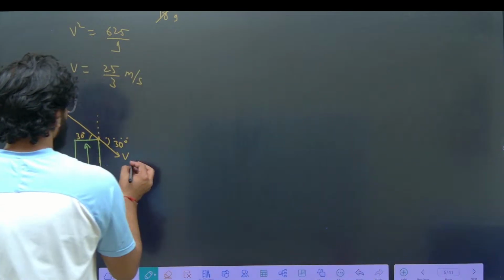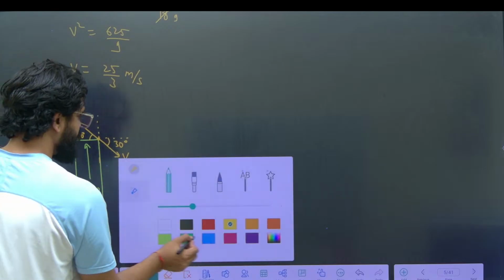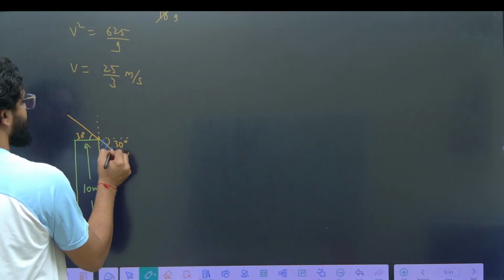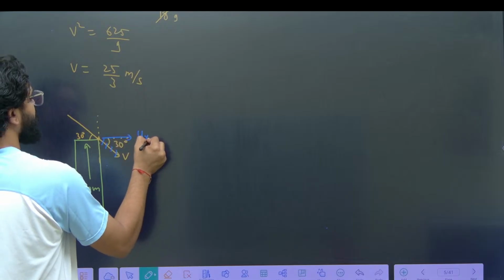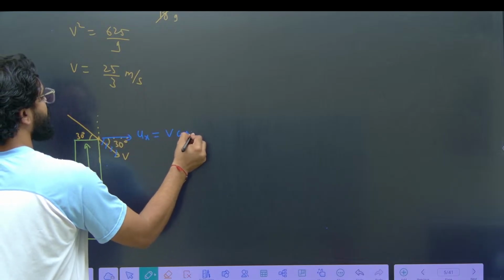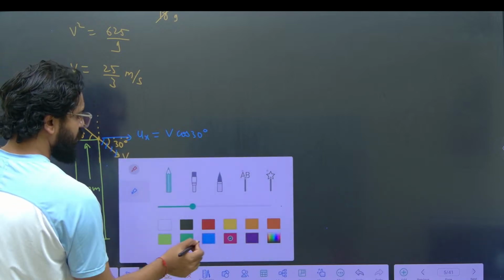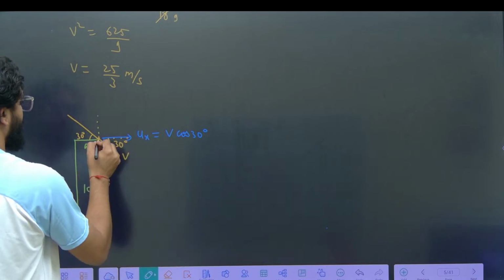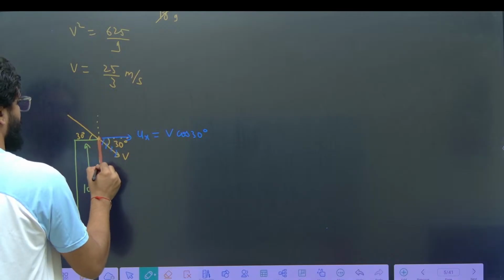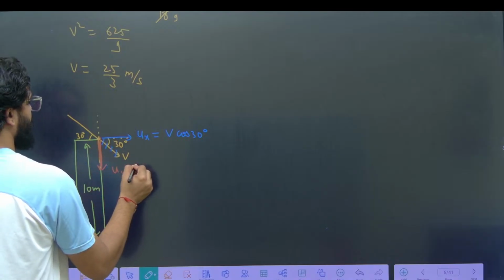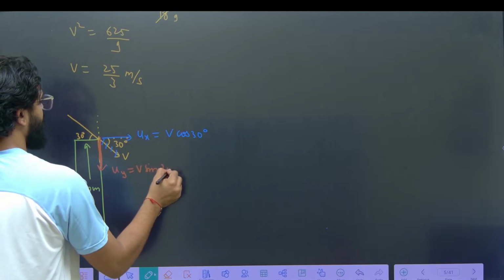Correct. So we can say what is the range? Range is nothing but ux, which will be v cos 30 degree, and what is uy? It is v sin 30.